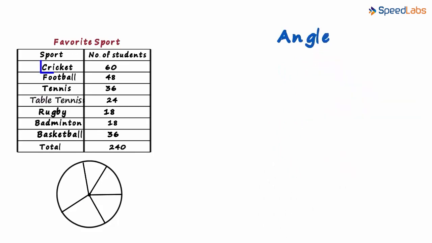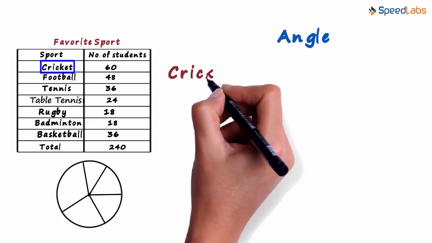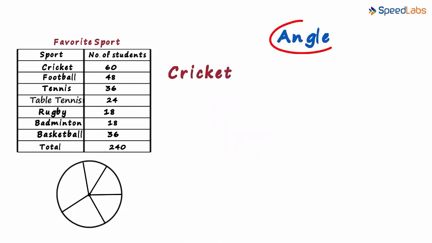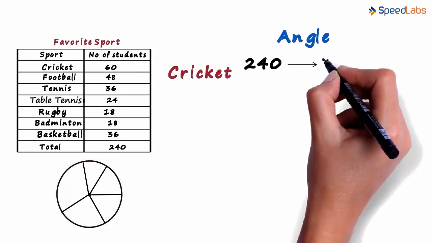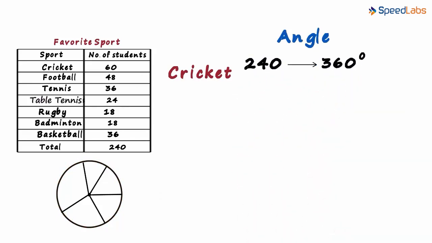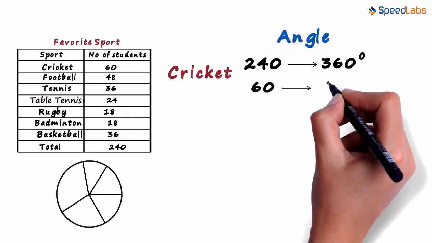We look at the first sport, which is cricket. How do we find the angle its sector represents? We know that a circle completes a full 360 degrees. So the total number of students will represent 360 degrees. If 240 students represent 360 degrees, how many degrees will 60 students represent?